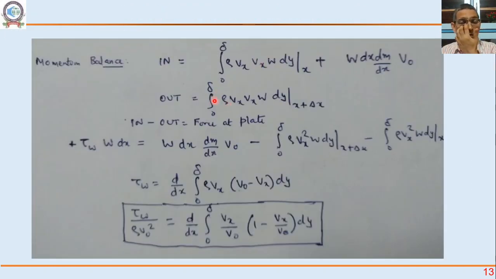What goes out? Rho Vx W dy, evaluated at x plus delta x. So the force balance we can write: in minus out must be equal to the force at the plate. In minus out. This has to be plus. It will be tau w. Dm by dx now.